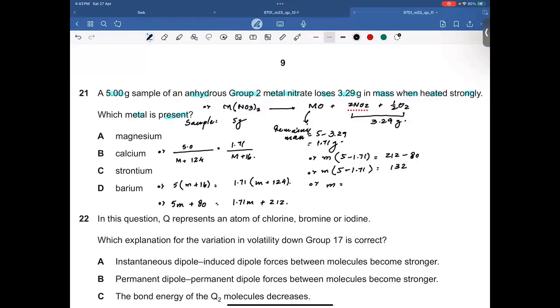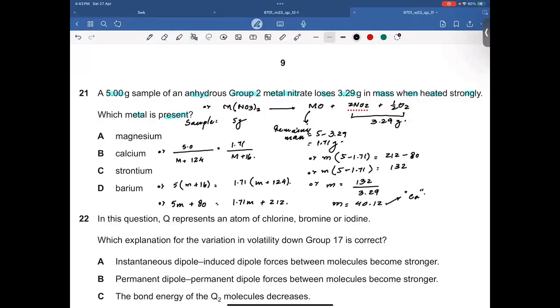Yes, that's the answer. So M is going to be 132 divided by 3.29, which is going to be, my goodness, 40.12. So 40.12 reflects calcium.